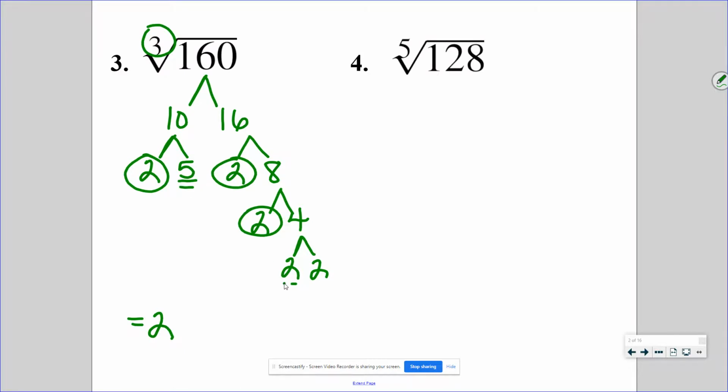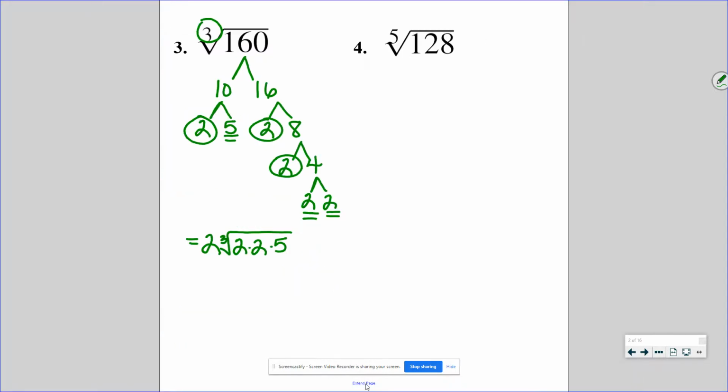So I'm going to take all these extra things that don't have a match and put them back inside of a cube root. So there was a 2 and a 5. And remember, when you're putting more than one thing together, you would just simply multiply those all back together. So 2 times 2 times 5 would actually be 20. So my answer is 2 cube root of 20.